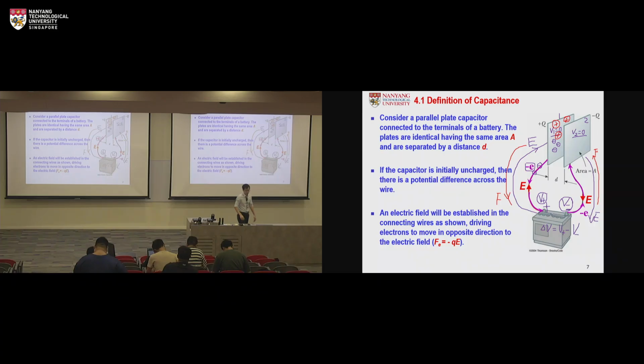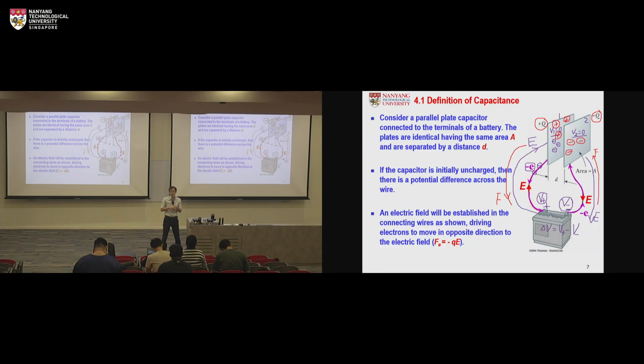So eventually you are going to have some net negative charge on this plate. So now you can see basically you can have positive charge on one plate and negative charge on another plate. But of course, at a certain point your device will be fully charged.